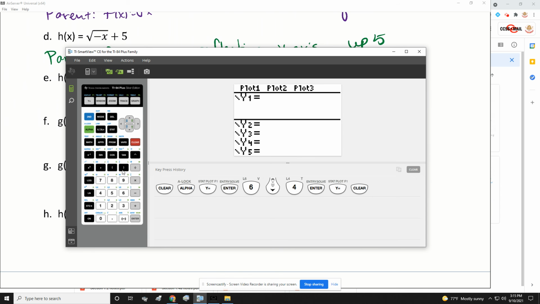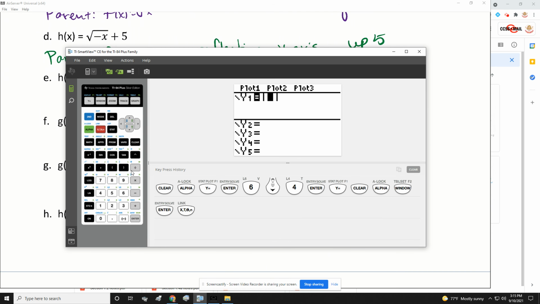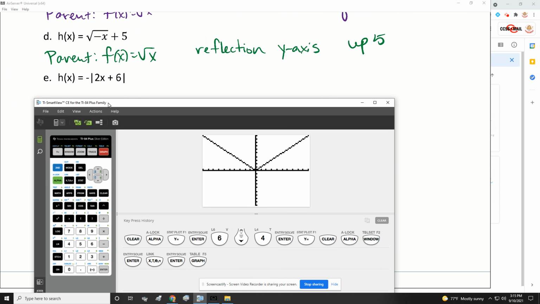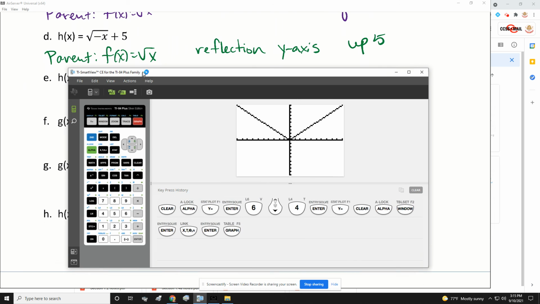Okay, so this one has absolute value of x. So that's the parent function right there. All right, so the transform function, if you're looking at that one, it looks like it's going to have a horizontal compression and shift 6 to the left.